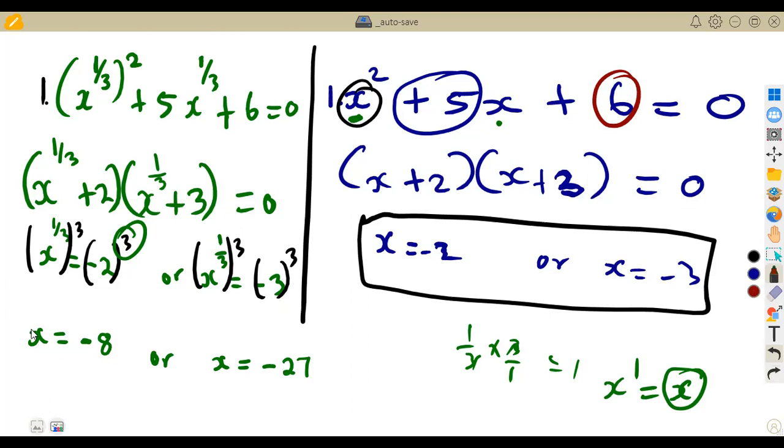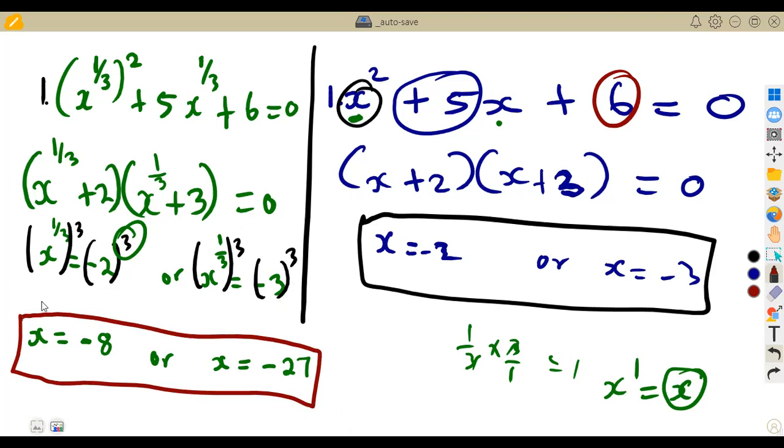So as you can see, we are now obtaining the x values, just like here to say x is this or x is that. The difference that we now have is that this one was a direct quadratic equation. This one, we call it a disguised quadratic equation.